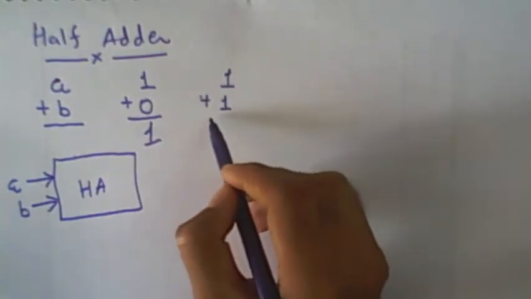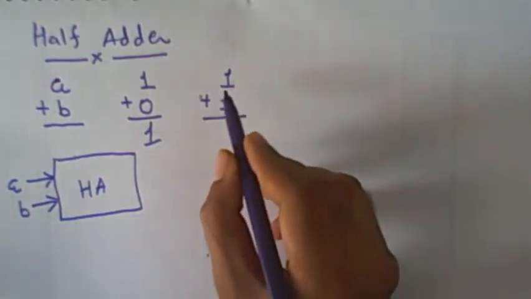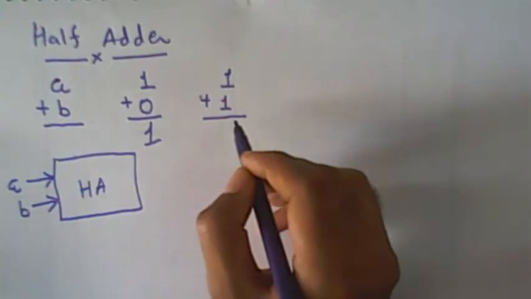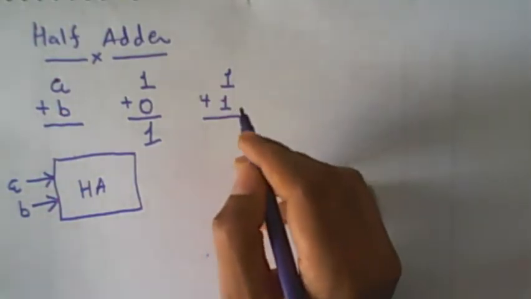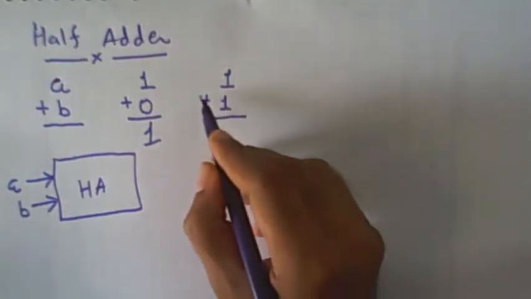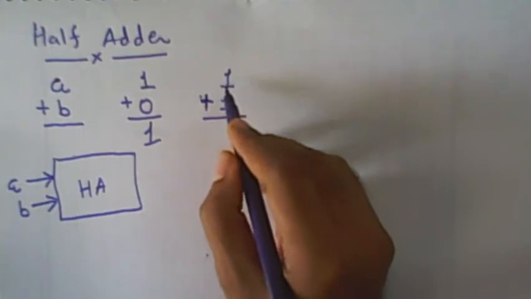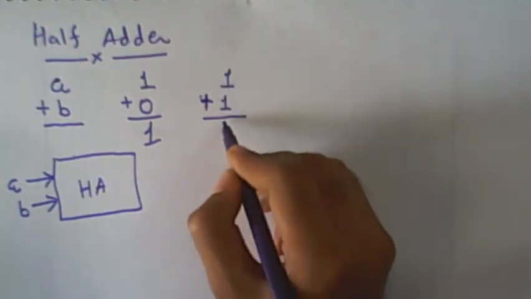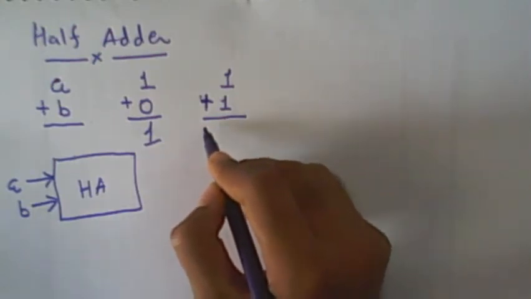So if we add 1 plus 1, when both inputs have the maximum value, what should be the output? Let's do the binary addition. 1 plus 1 in decimal is 2, and how to represent 2 in binary?